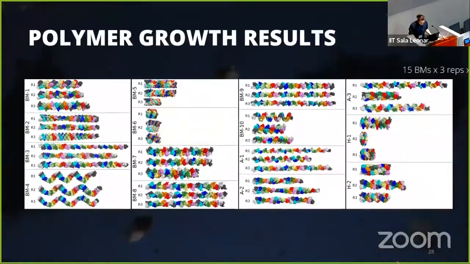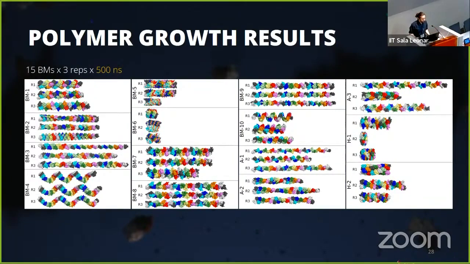So we apply this logic to a representative structure of each of our binding modes, for all the replicates of each binding mode, and see how they grew over time.